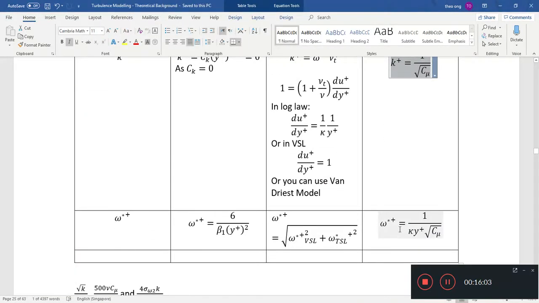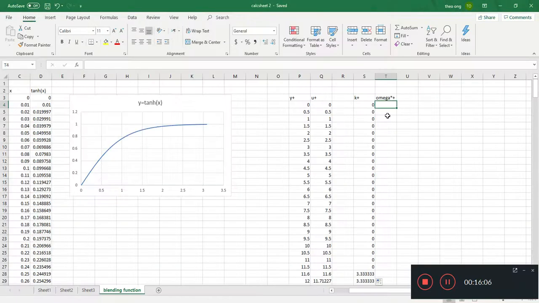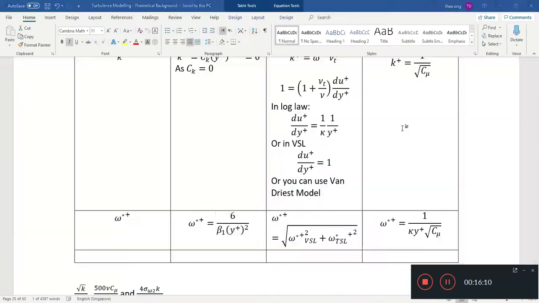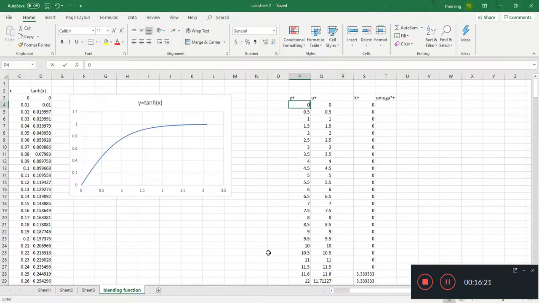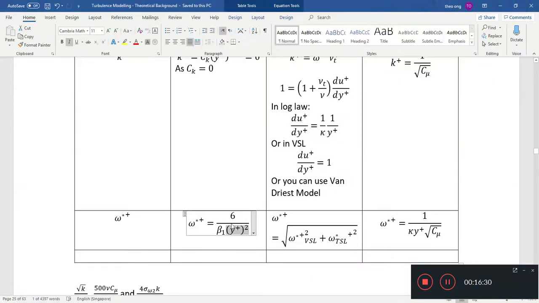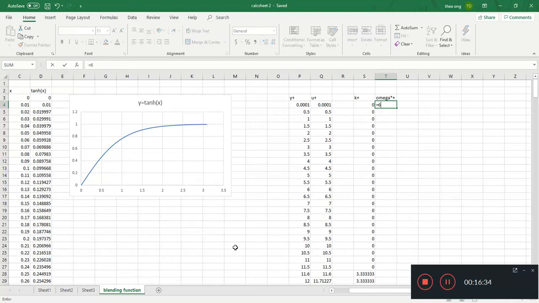Okay, and here omega equals 6 over y plus squared. Of course, at y plus equals 0, this shoots up to infinity. So instead of that, I'll just put 0.001 here to approximate the wall. So omega equals 6 over beta 1.